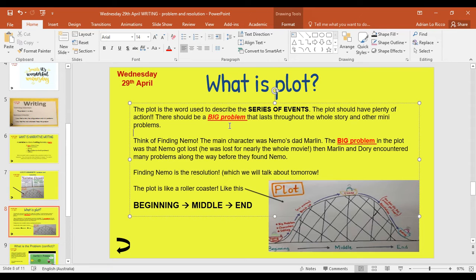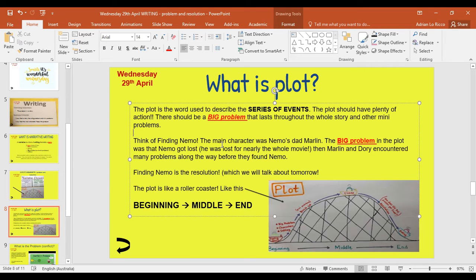He was lost underwater in a dangerous place, and the whole story was trying to find Nemo. So that was the big problem. He was lost for nearly the whole movie. Then Marlin and Dory encountered many problems along the way, like the shark, and then the humans took them out of the water, and they had to try and get back into the water to continue finding Nemo.